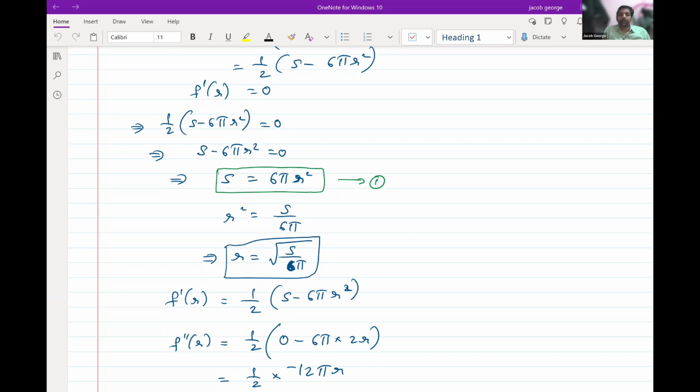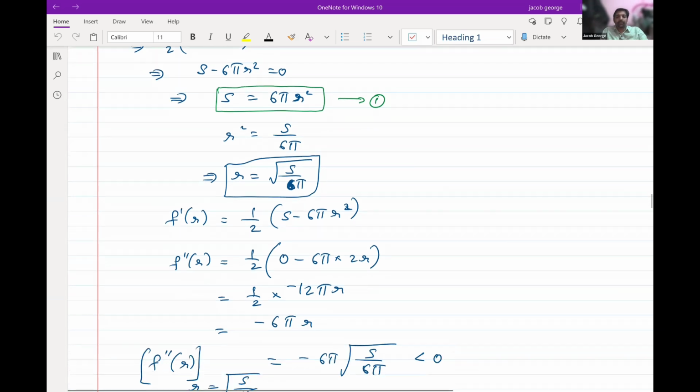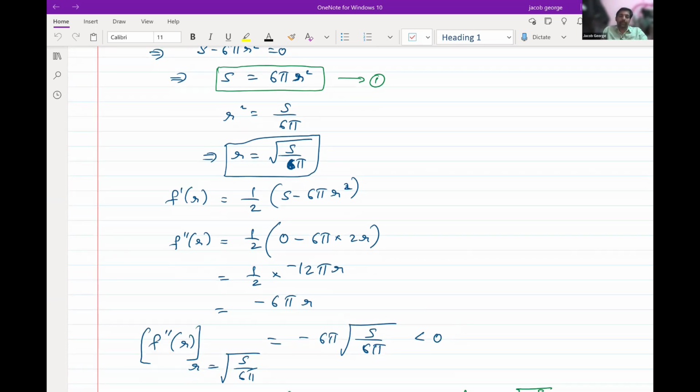Clear? So this is the second derivative f double dash r, minus 6 pi r.